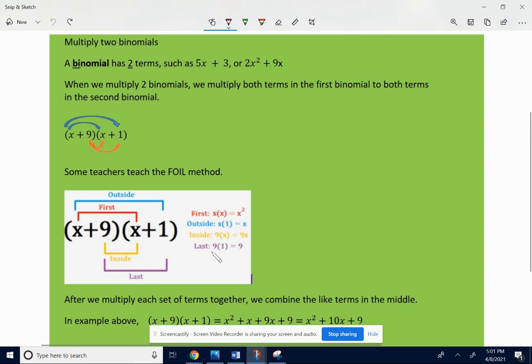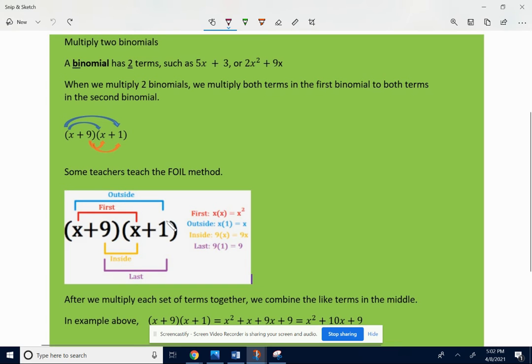So you could think of this as multiplying x times x. See how they're the first ones in each parentheses? First one in this parentheses, first one in this parentheses. And then O, outside. These are the two on the outside. The x and the 1 are the two terms on the very outside.